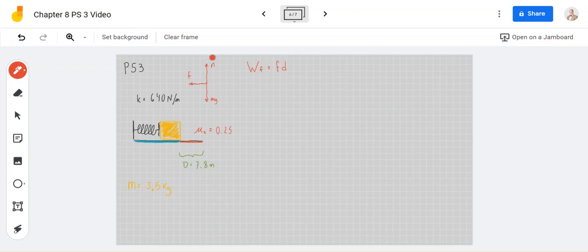So N and mg are equal this time. So if this is equal to μ N d, we see that N and mg are the same. I think we have all this. So kinetic friction is 0.25. The mass is 3.5. g is 10, and the slide distance is 7.8.